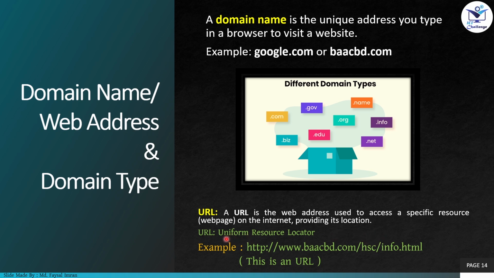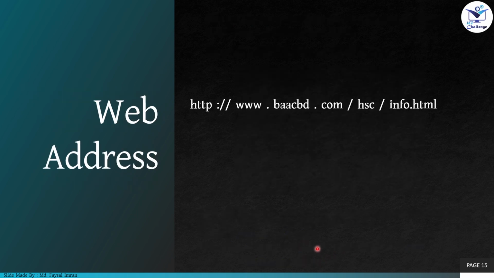The full form of URL is Uniform Resource Locator, and the website actually contains the whole set of web pages. Now we have to know the difference between web address and URL. That's why we write the whole part of a URL. Now HTTP, then www.backbd.com, those are combined with each other, then hsc/info.html.